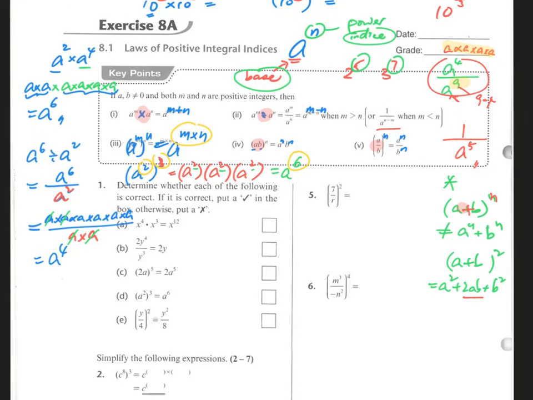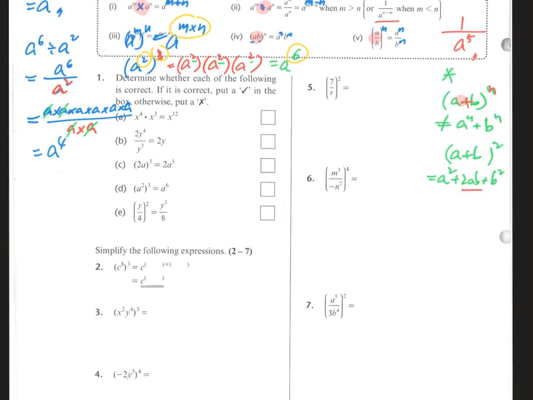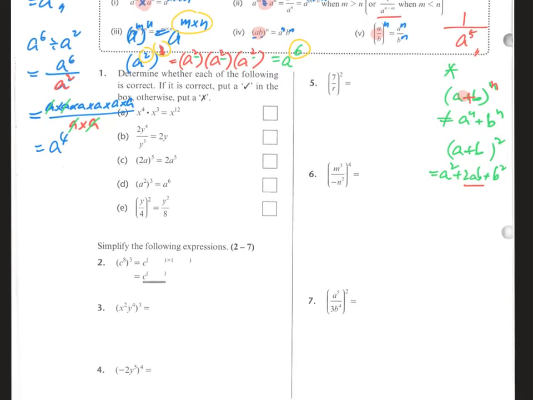Okay, next we come to some examples, very easy hopefully. First of all, when you have power and power, so c to the power x times 3, you multiply the indices together, which gives you c to the power 24. Number 3 applies the rules about two terms, so each of them, x squared, has a power 3, and each of them, y to the power 4, has a power 3 as well.